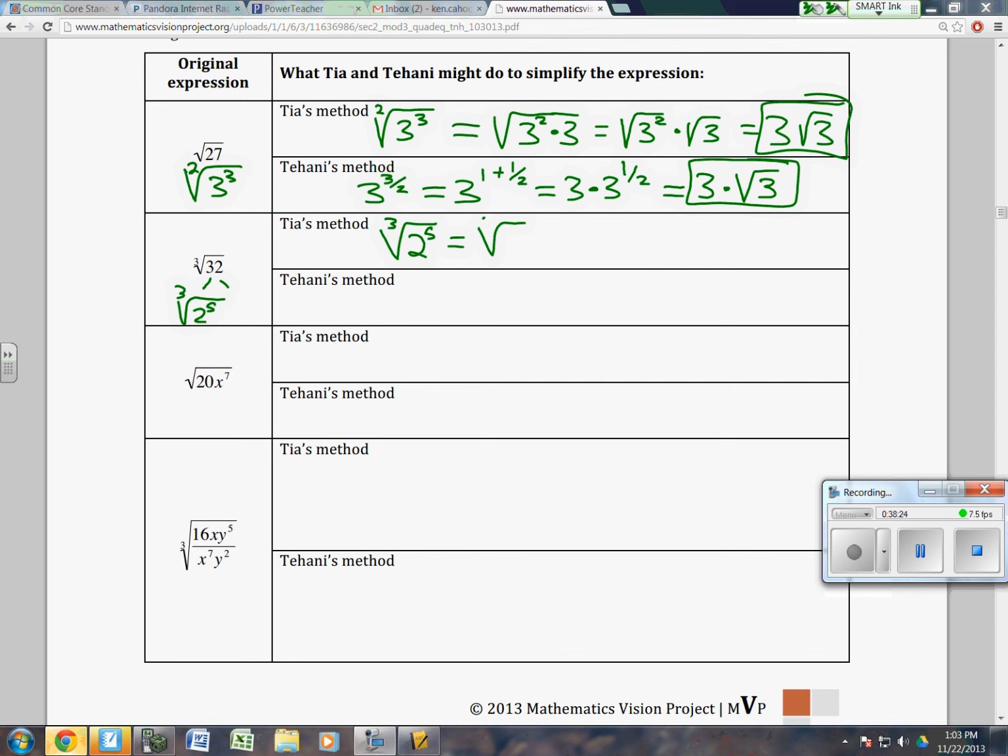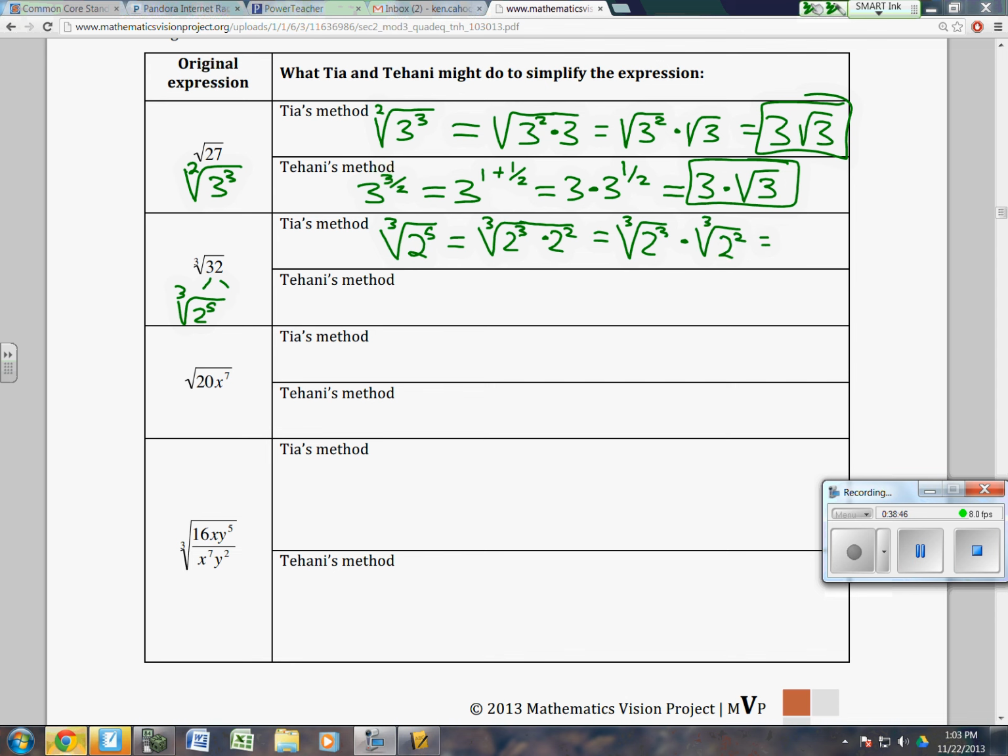Well, the cube root of 2 cubed, and then times 2 squared, right? Because 3 plus 2 is 5, isn't it? And then the cube root of 2 cubed times the cube root of 2 squared.